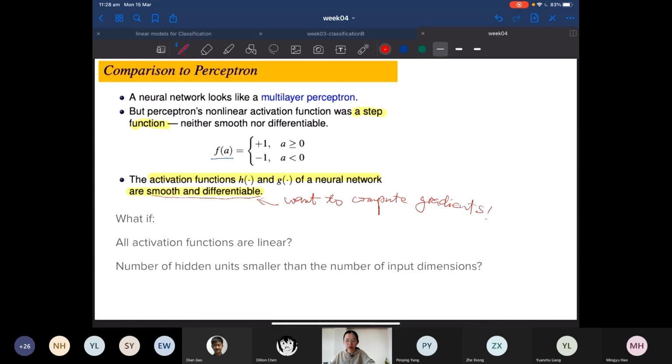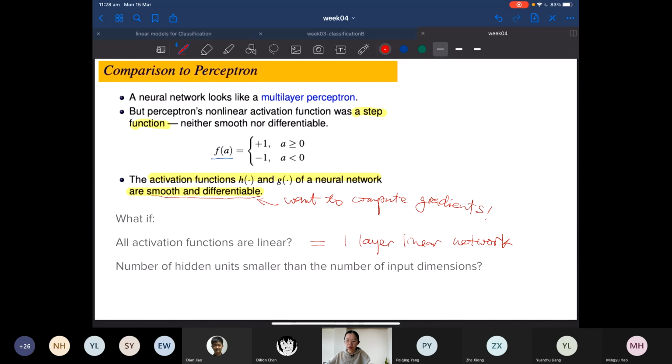Right, so here are 2 questions to ponder about for the model. If all activation functions are linear, then it does not have the universal approximation property, so it's equivalent to essentially a 1-layer linear network, because the linear combination of linear combinations is linear.